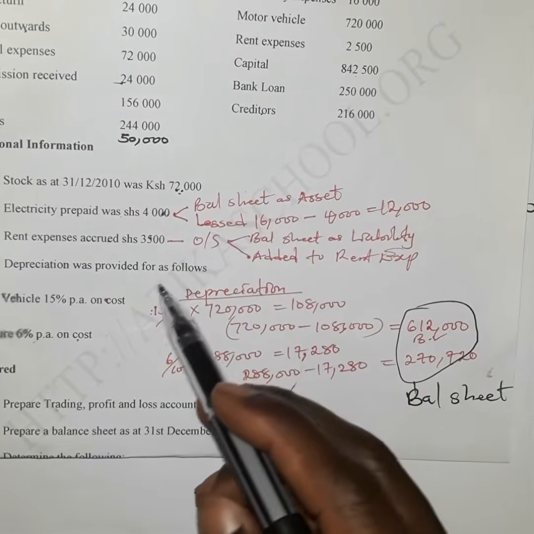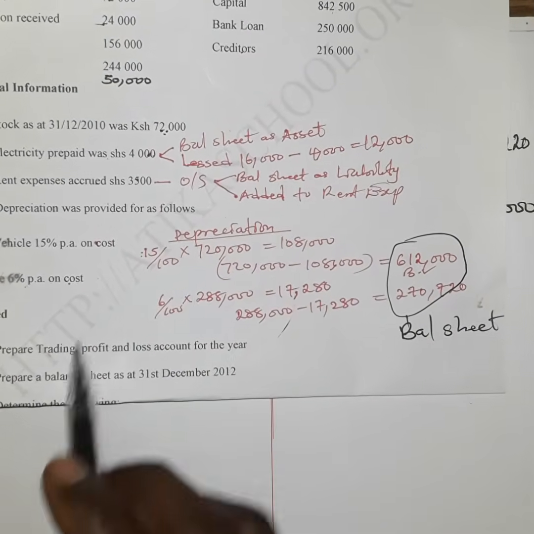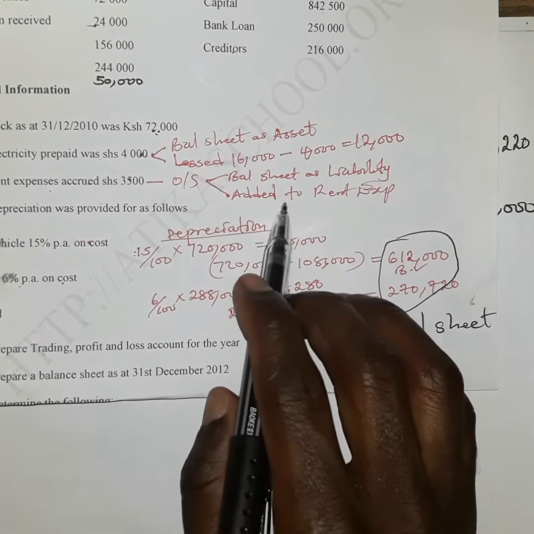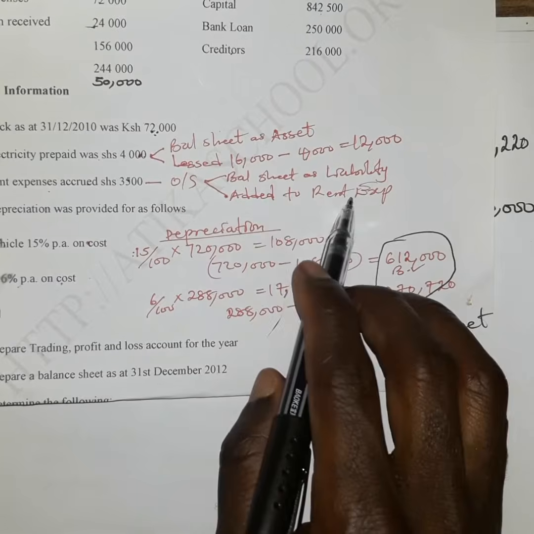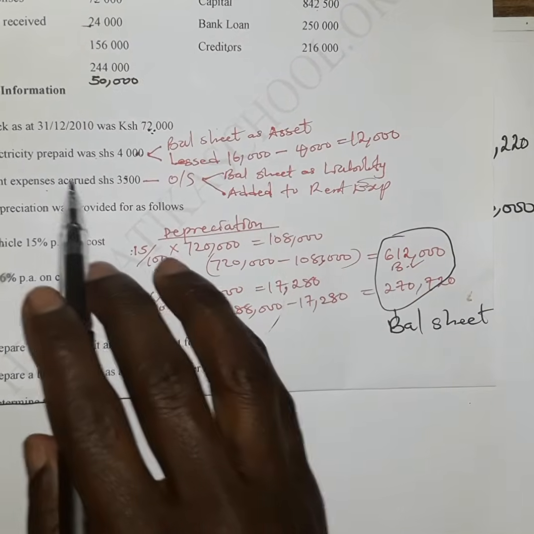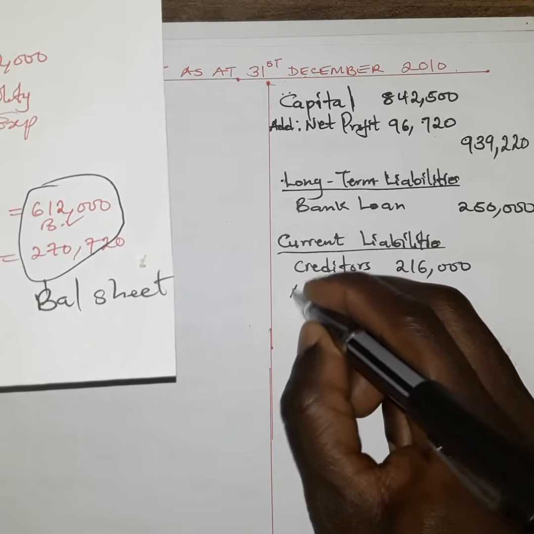Another one: remember that when we were starting our work, we talked about the accrued rent. Accrued rent is added to rent, and it will be added to the balance sheet as a liability. This is an increase in rent which is supposed to be paid within 1 year, so it forms part of the current liabilities.